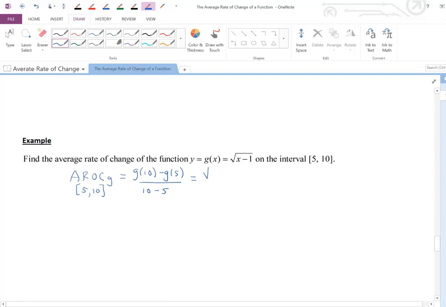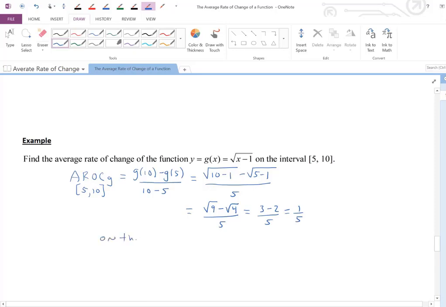Which is just plug it in. First one, square root of 10 minus 1, minus the quantity, plug it in, square root of 5 minus 1, all over 5, and that is square root of 9 minus square root of 4 all over 5. Square root of 9 is 3, minus square root of 4 is 2, over 5, so 1 over 5. So what's that tell us?